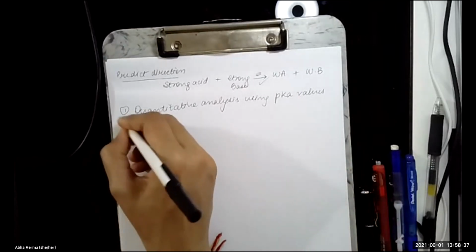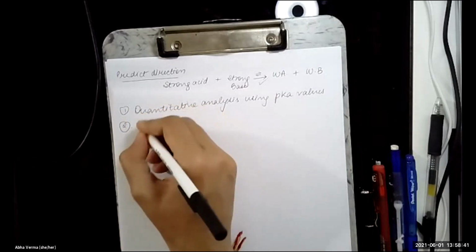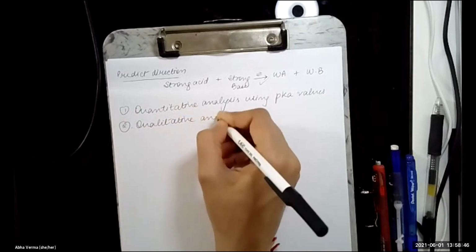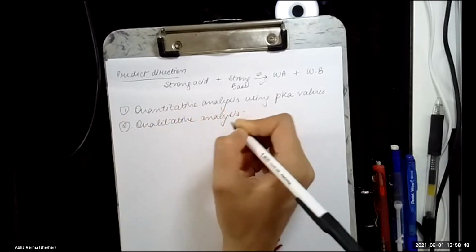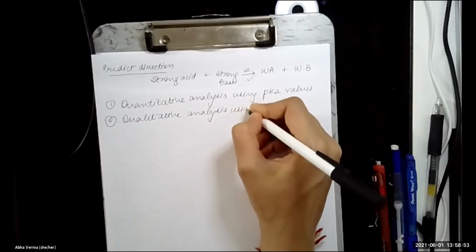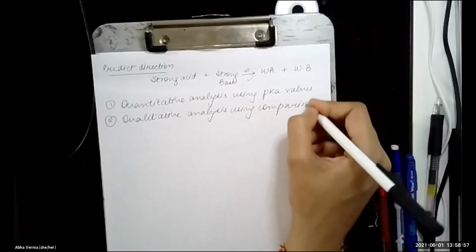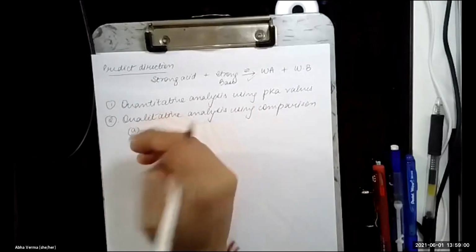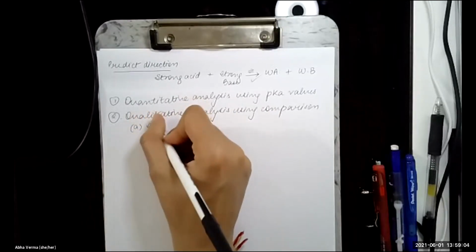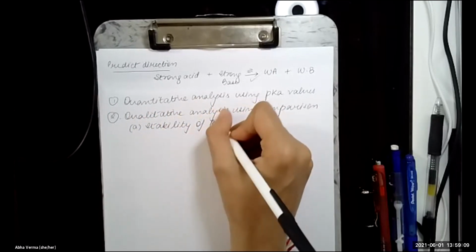A second thing that we do is we use prediction by qualitative analysis. When we do qualitative analysis, we are just making comparisons. And the most important of the comparisons is by checking stability of bases.